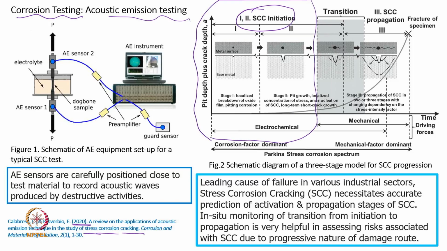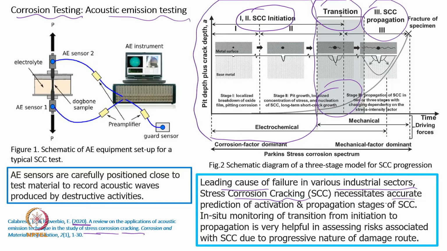As it comes to the transition phase, the sensors really help a lot, because we will be able to detect how much time will be remaining, so that we can do necessary maintenance, replacement or overhauling. This is what they mentioned: particularly for SCC we require acoustic emission.